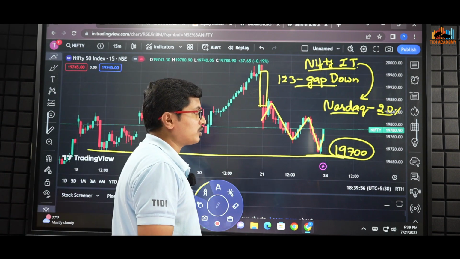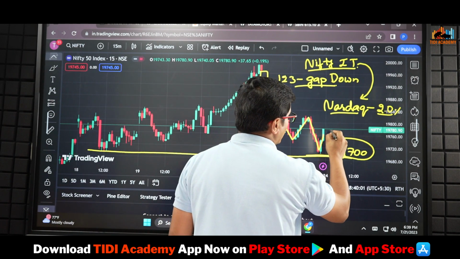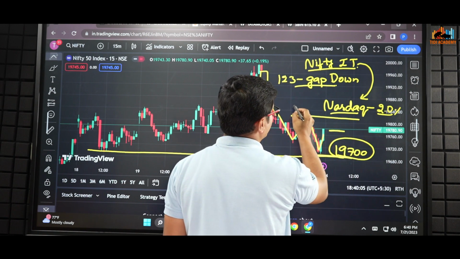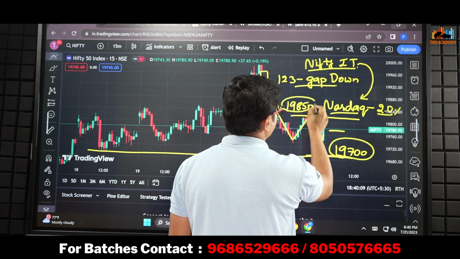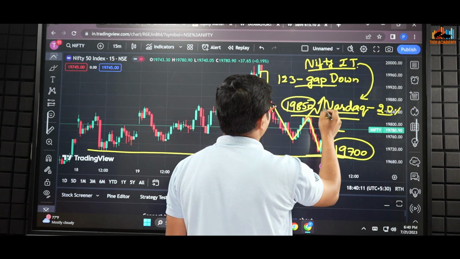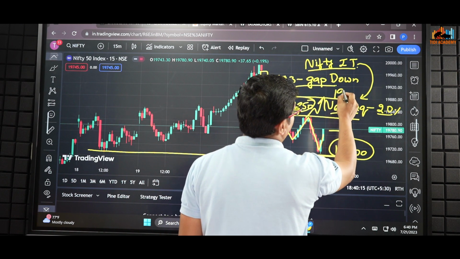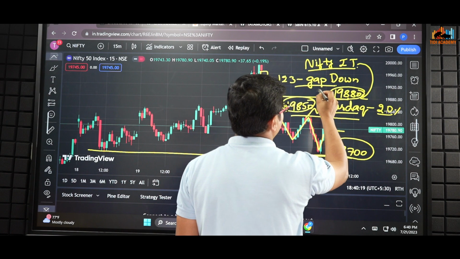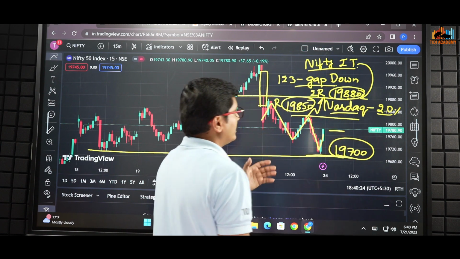On Monday, if Nifty opens flat and if it breaks this high level, which is around 19,850, and then another level around 19,880, if it breaks these two resistance levels, we can see a further up move in Nifty.